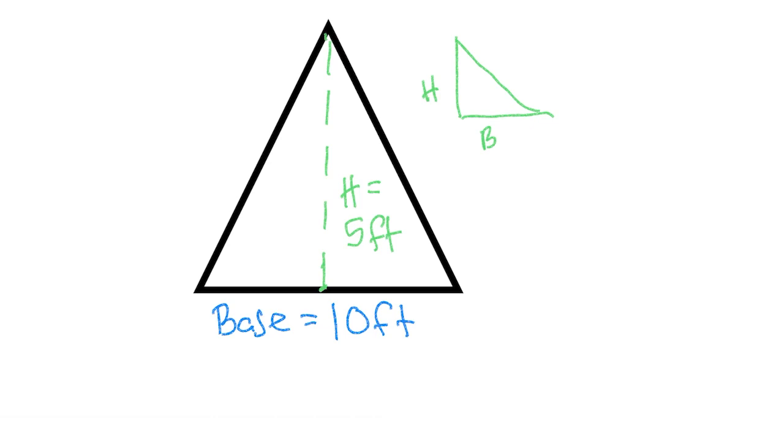So you may just think, oh, well, it's just going to be base times height, right, to find the area of this triangle. Well, triangles do have a little special equation to them, as we're going to take half of the base times the height.